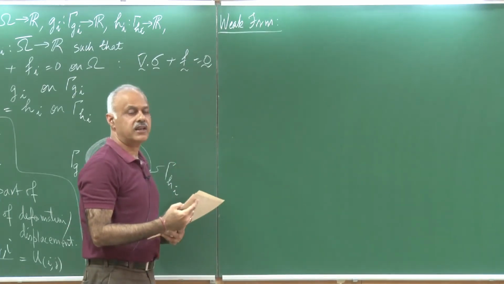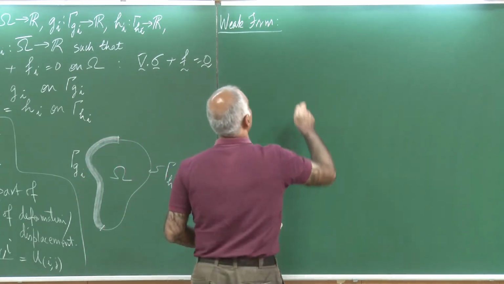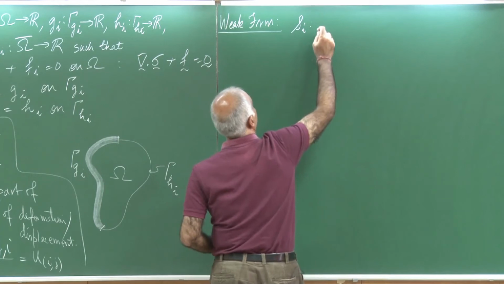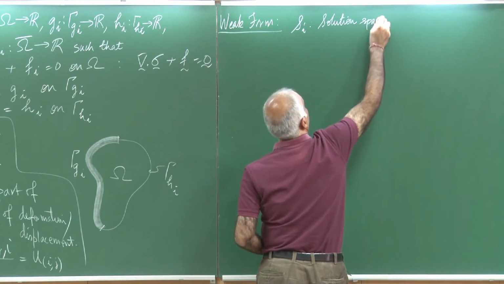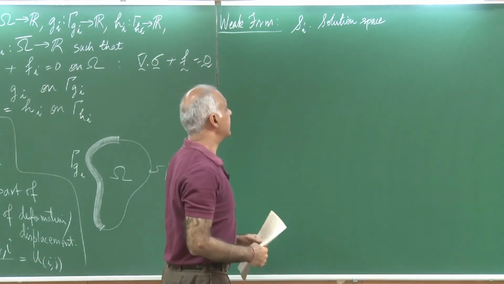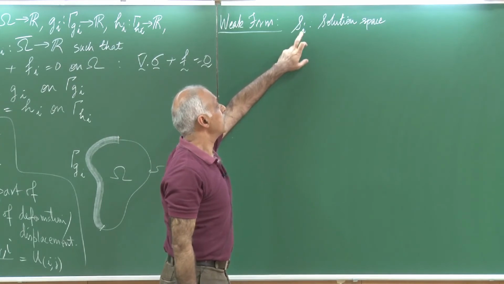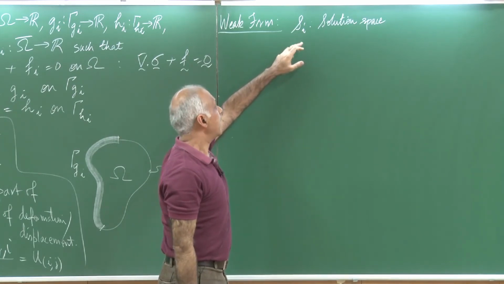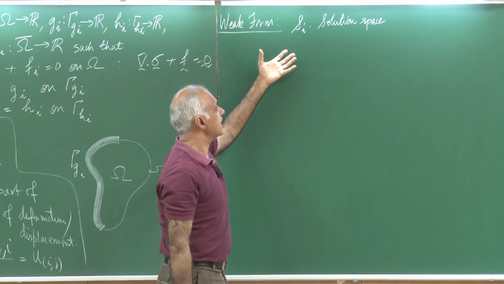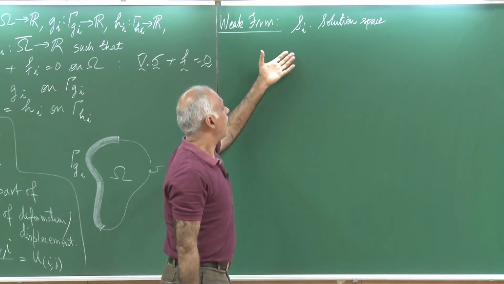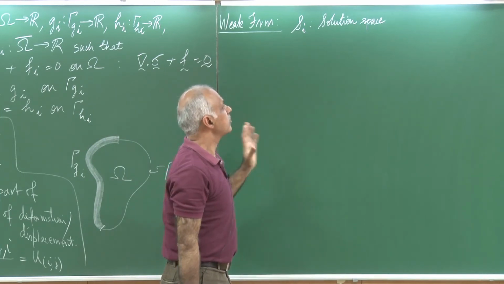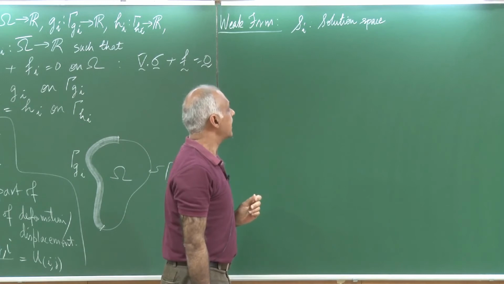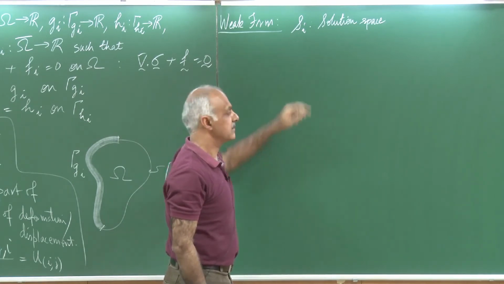For that we will have to choose the function spaces. So, let S_i be the solution space. You can see that each component u_i is coming from S_i. Either I can think of a solution space consisting of vectors, or I can think of a solution space which has scalar functions, and I can decompose my displacement into these scalar components, and each one of them comes from this space.